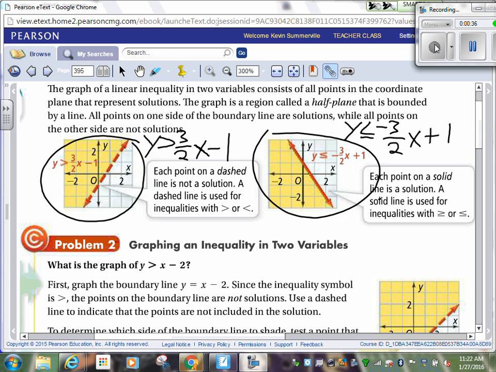Take a look at these two graphs. What do you notice about the lines on these two graphs? Okay. Now look at the line, and one is solid and the other one is what?